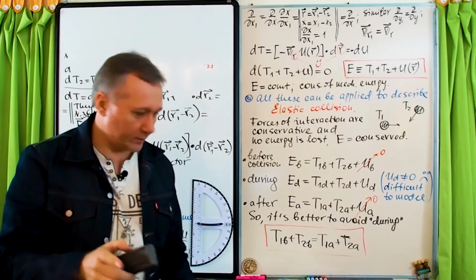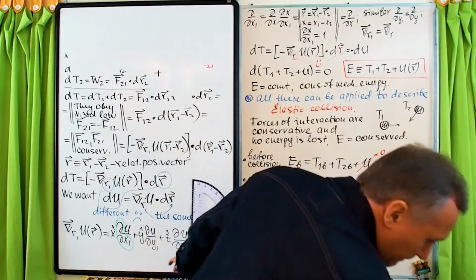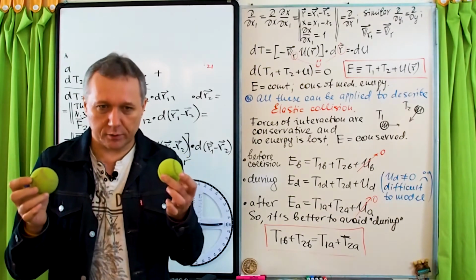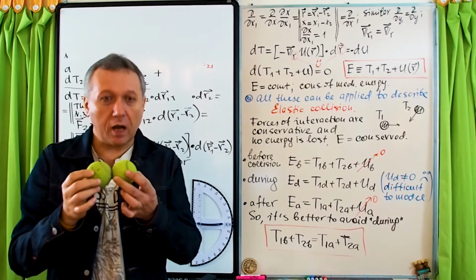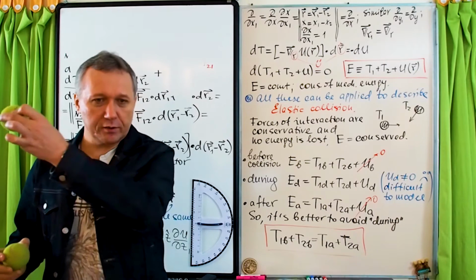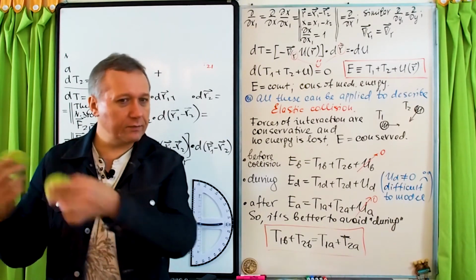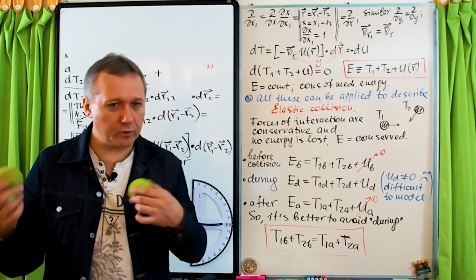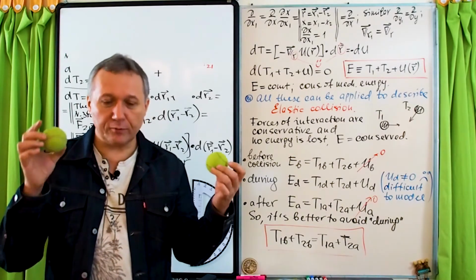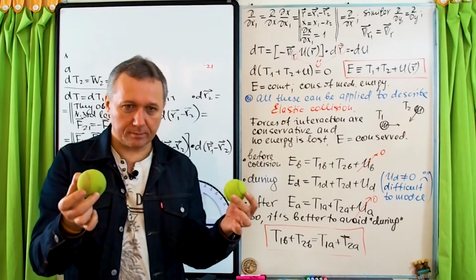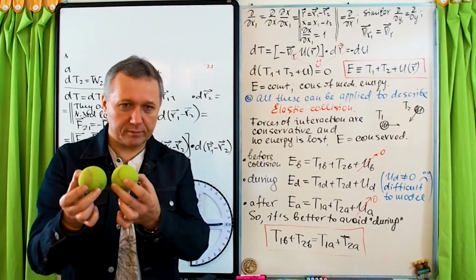So the example: collision of two particles, and not a head-on collision. So after the collision, particles will travel in different directions. Basically, it's a two-dimensional motion. Before the collision, let's say this particle is at rest and this particle travels.